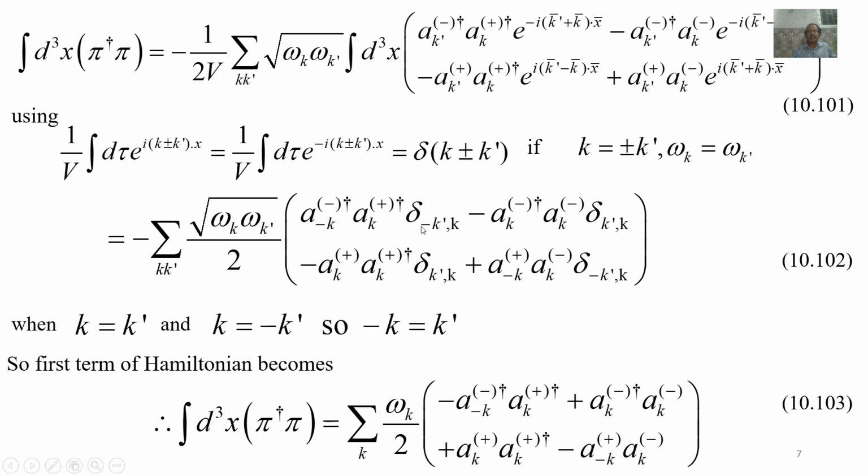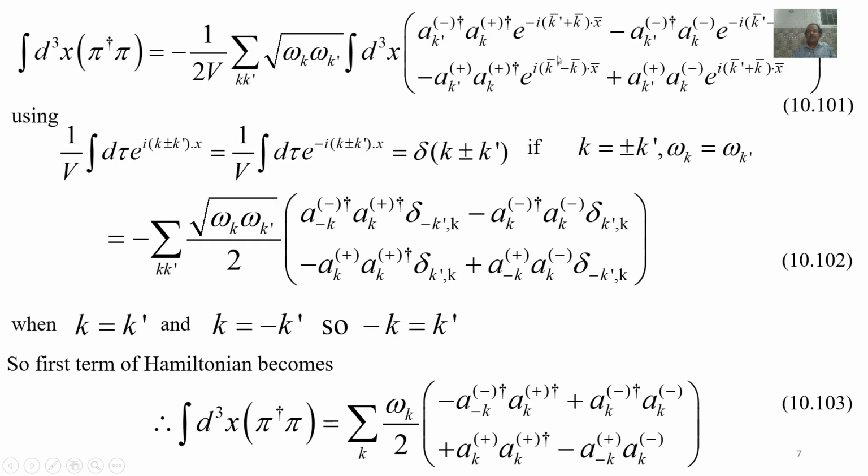So look at this equation. First we'll take the first term. We have 1 by v, d tau e power i k plus or minus k prime x equal to delta. So instead of this, we can write the delta function. Now, in the exponential term, e power minus i k prime plus k, this term can be replaced by delta.